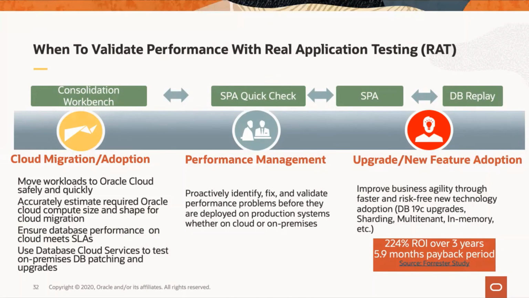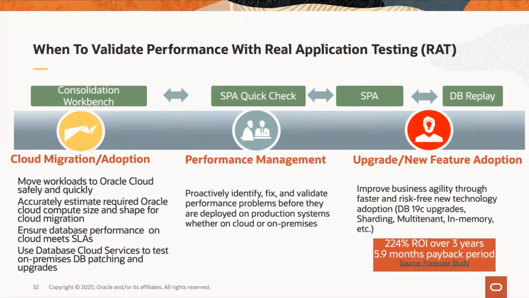All these things can be validated using real application testing to make sure your business can stay on the latest technology at the lowest possible risk and get there quicker. So take advantage of real application testing to make your companies more agile.